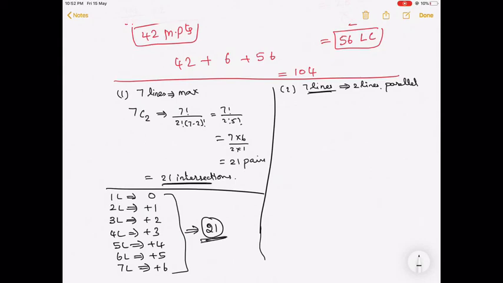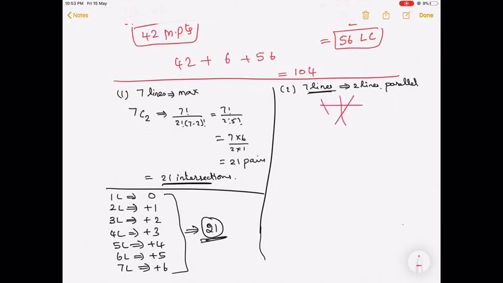Now when I come to this special case where I have 2 parallel lines, how many lines are not parallel to each other? It tempts one to say that there are 5 lines which are not parallel to each other, but there are 6 lines which are not parallel to each other.